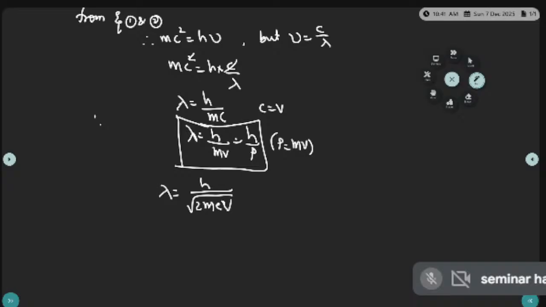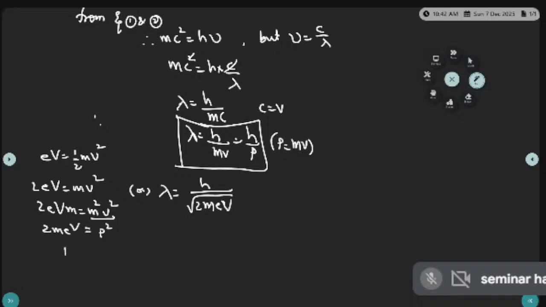This can also be written as lambda is h by under root of 2 m E V. It comes from the formula EV is equal to half mv square. So 2 EV is equal to mv square, or 2 EVm is equal to m square v square. Then p square is equal to 2 mEV, so p is equal to under root of 2 mEV.